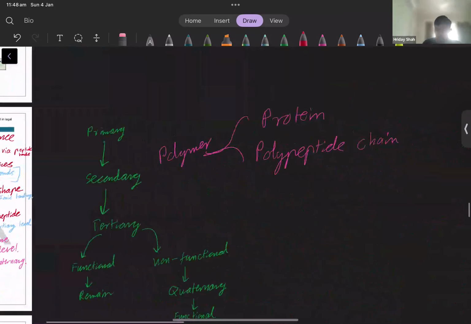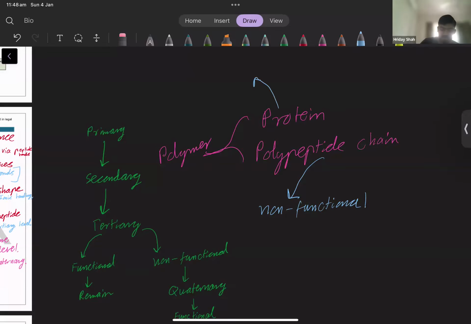So they share the same monomer. So why are we calling them two different things? There is a very important difference. Polypeptide chain is a term given to a non-functional protein, whereas if you say the word protein, the assumption is that it is functional.